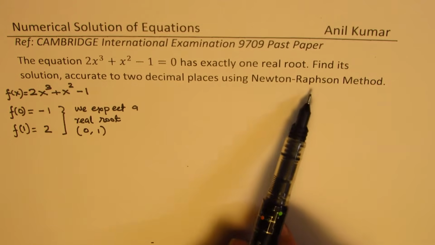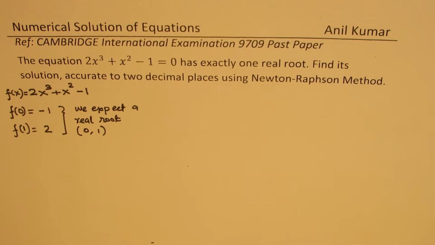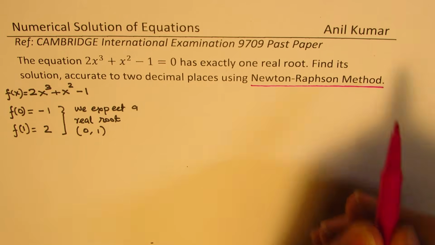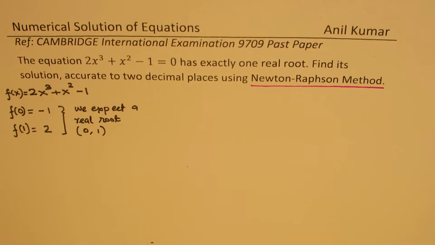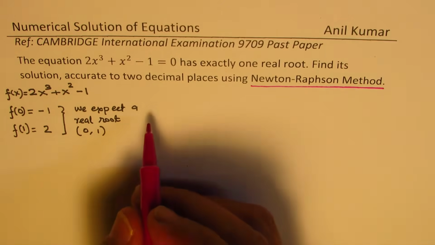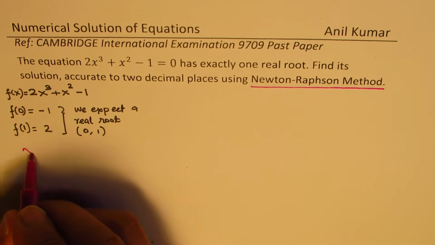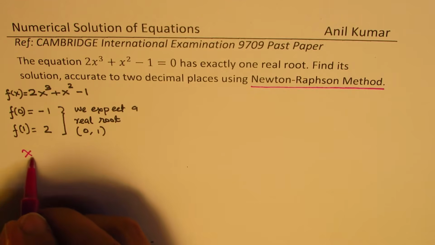As far as the Newton-Raphson method is concerned, it is a very efficient method where we can find the roots using a formula. I'm not going to derive the formula, however, I'll provide it to you. We will try the values x.